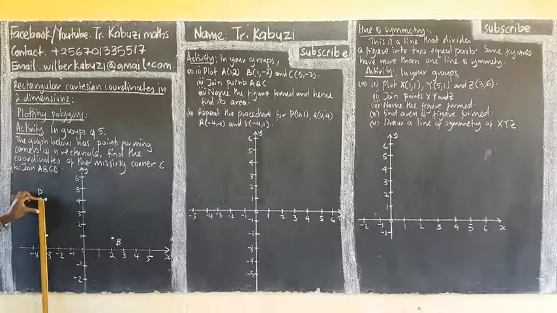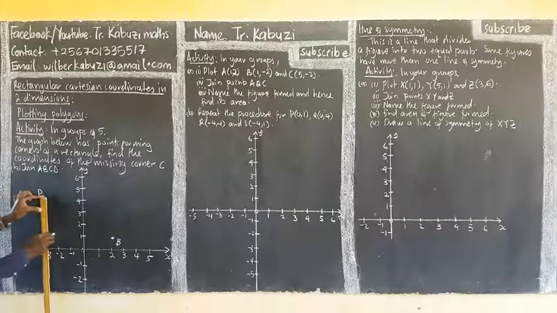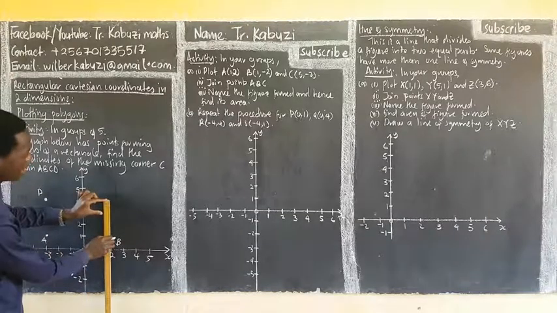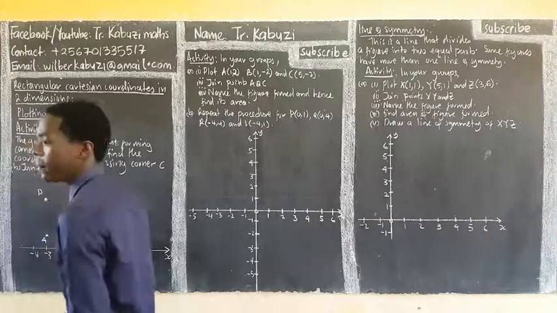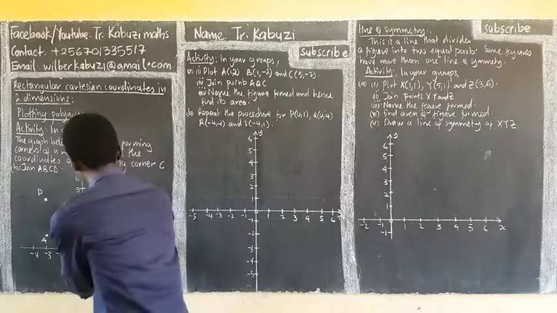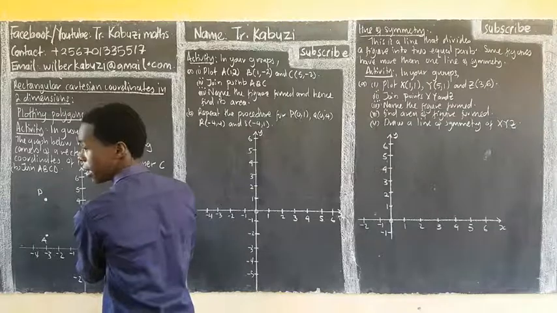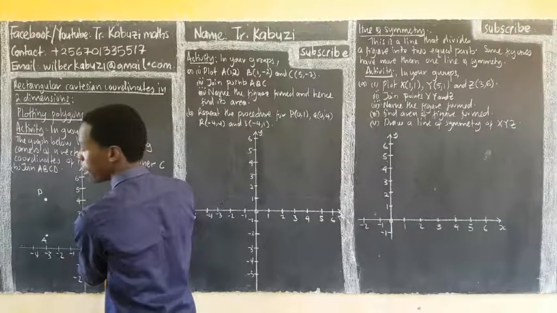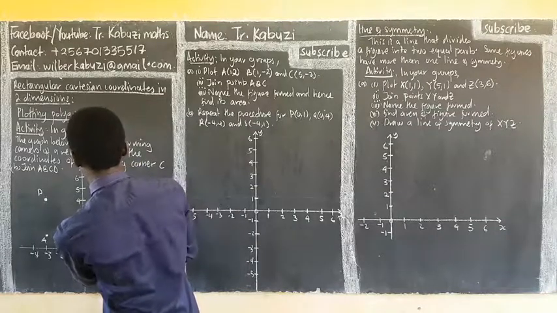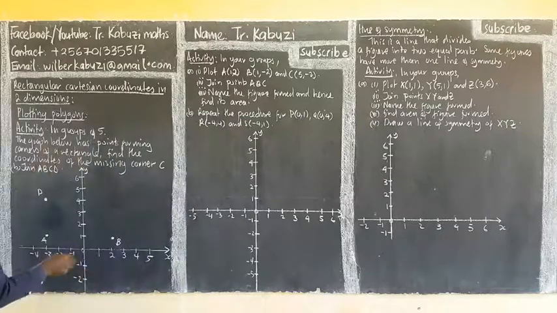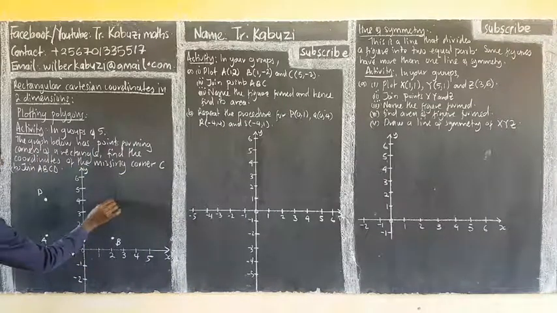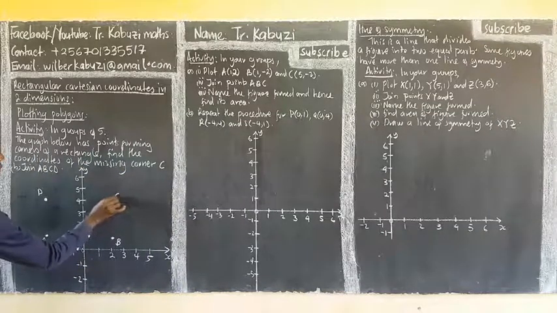Then you transfer the same distance here. So how do you locate point C? Here or here? Here. Okay, so that's how they are creating their point C.